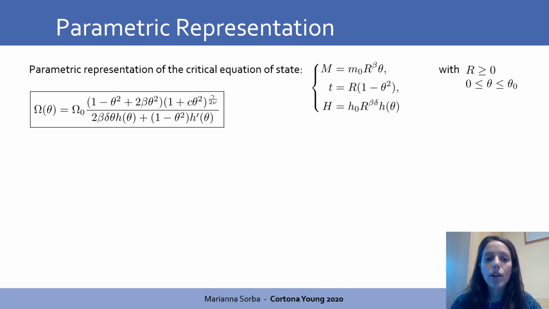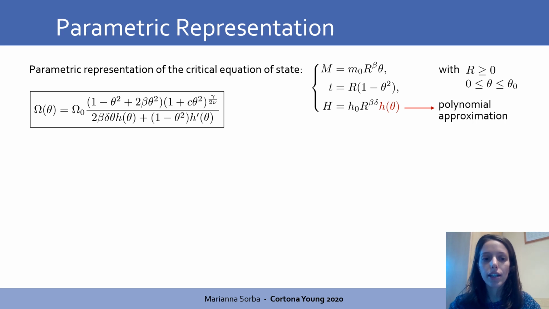And moreover, we notice that in this expression of omega, it is present the function h of theta, for which it is customary to use polynomial approximations. Therefore, depending on how good are these approximations for this function, we will end up with a good or not expression for omega.